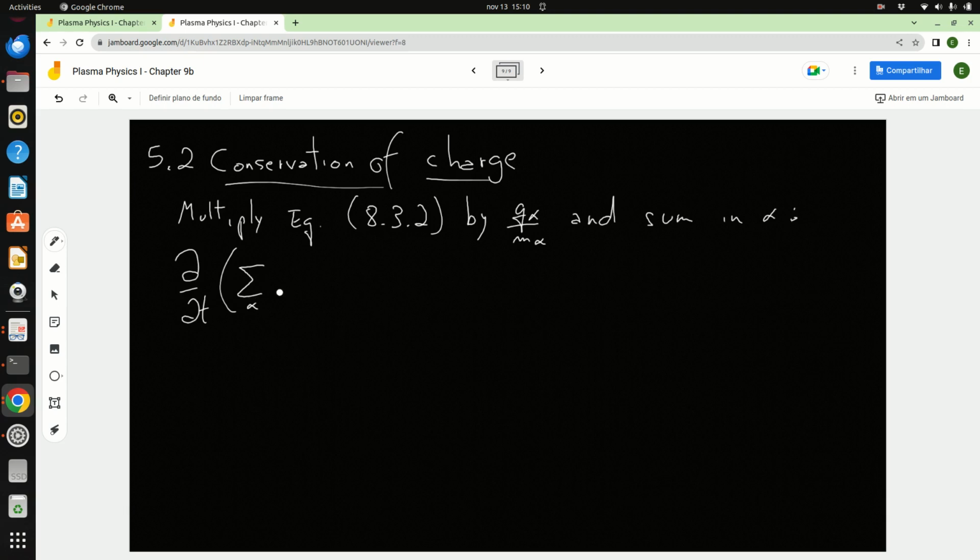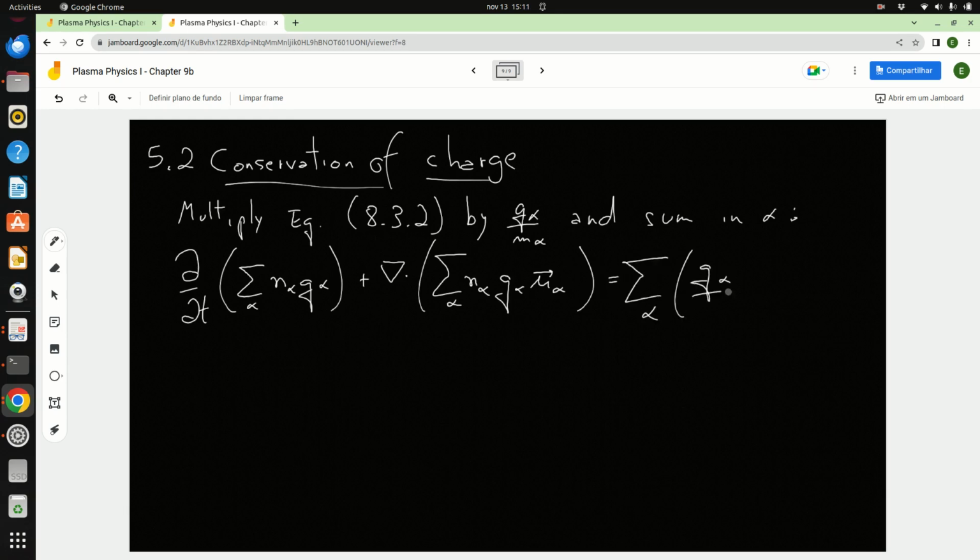You're summing over alpha particles plus the divergence of this quantity is equal to the sum in alpha of the collisional term.